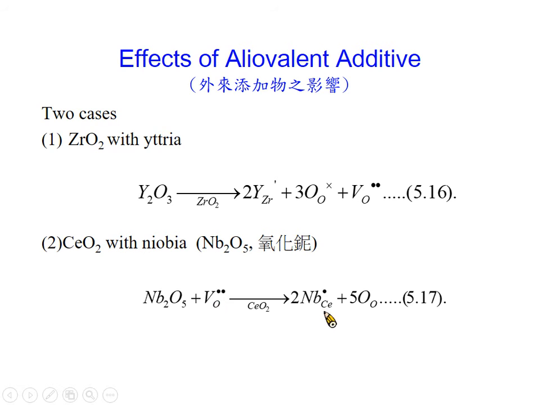So you still keep the site ratio for ceria and oxygen at 1 to 2. So did you finish this correctly? You have to write this defect equation as fluently as possible, so you can deal with the questions that we might have in your midterm exam.